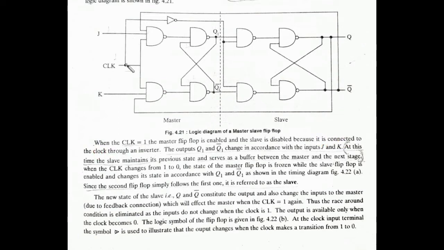Here we see that the master is connected directly to the clock, but the slave is connected through an inverter. So when the master is enabled, the slave is disabled.